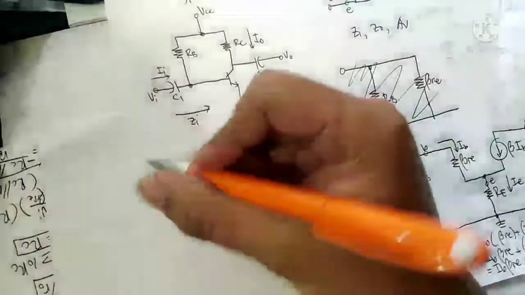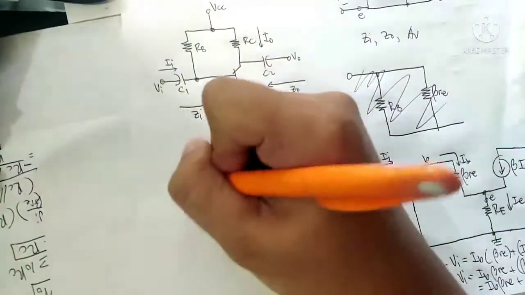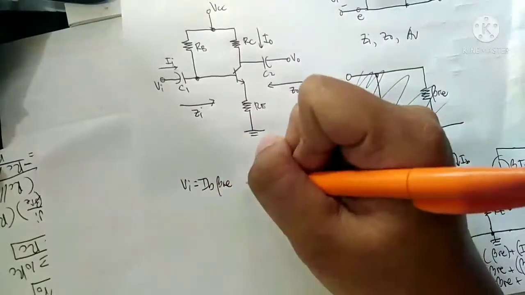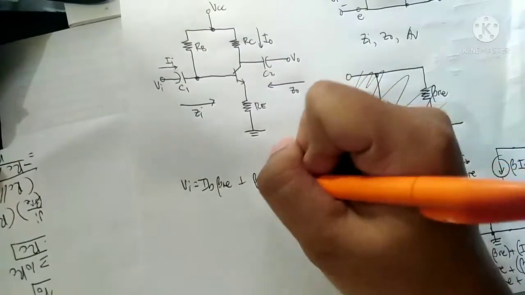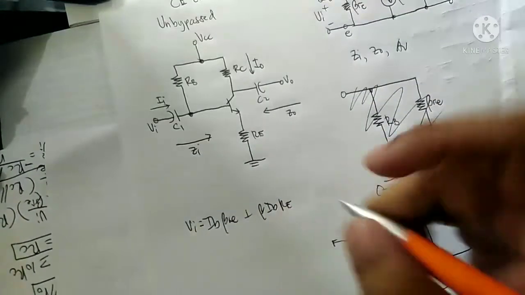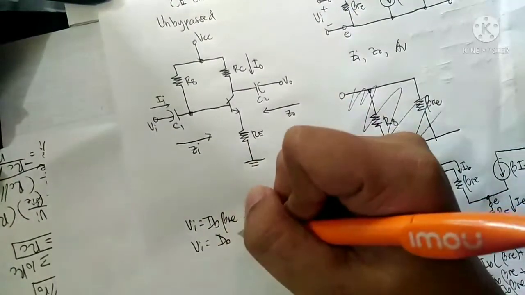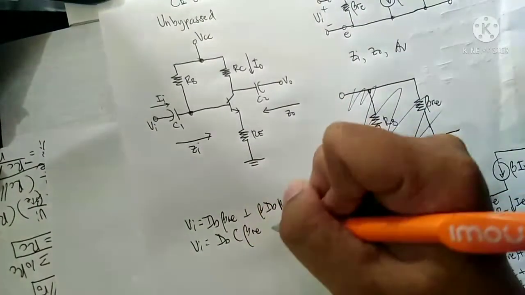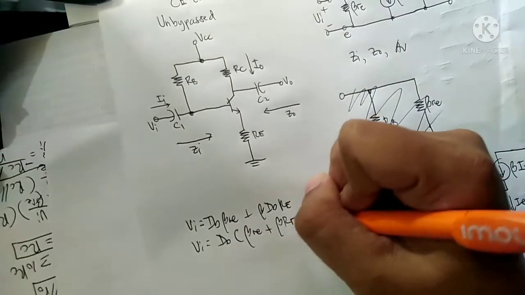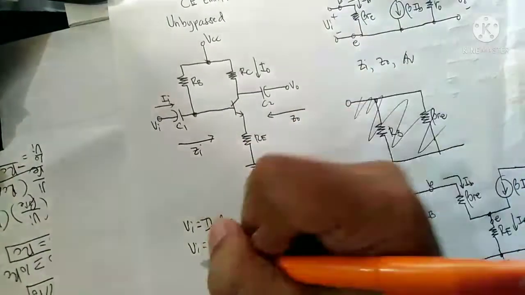Let's continue. Vi is equal to ib beta re plus beta ib RE. Common is ib, so factor out ib times beta re plus beta RE.